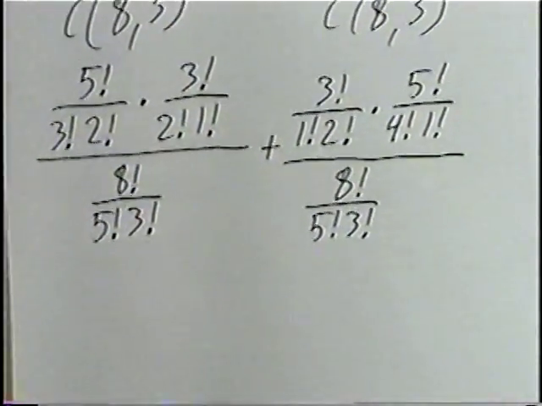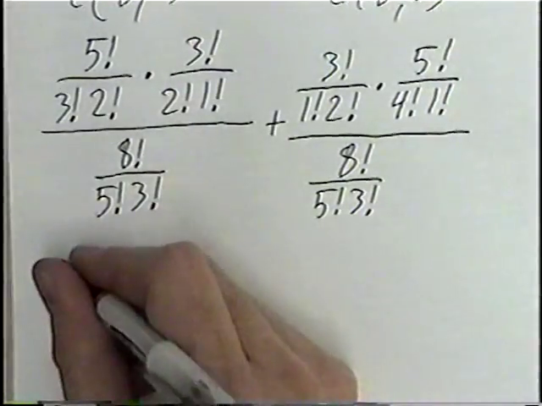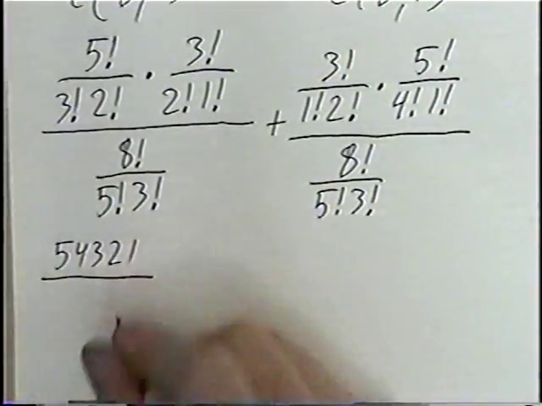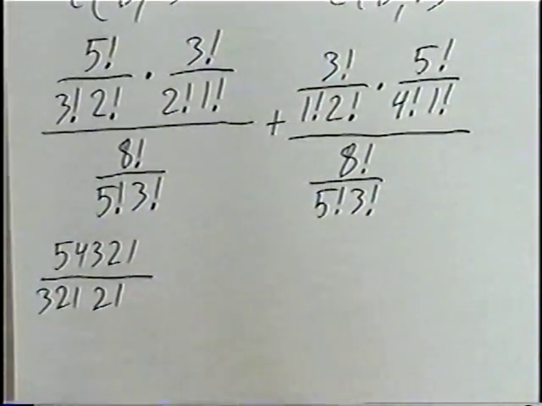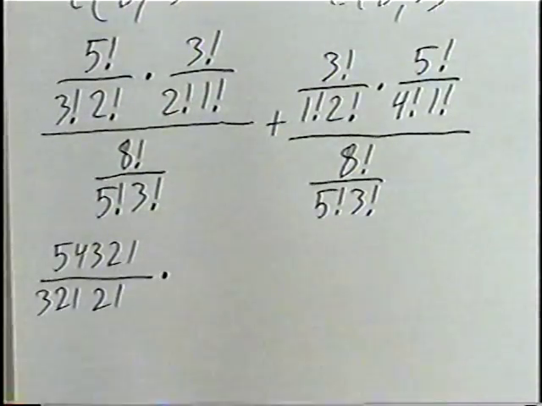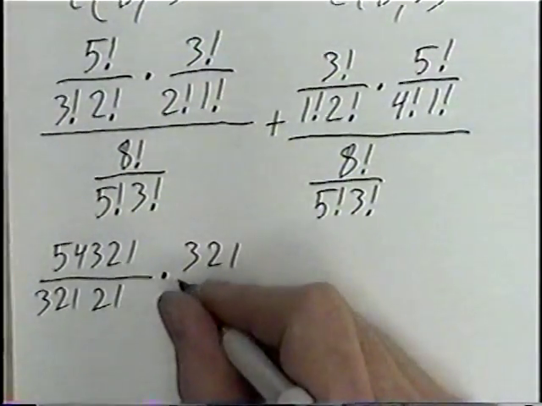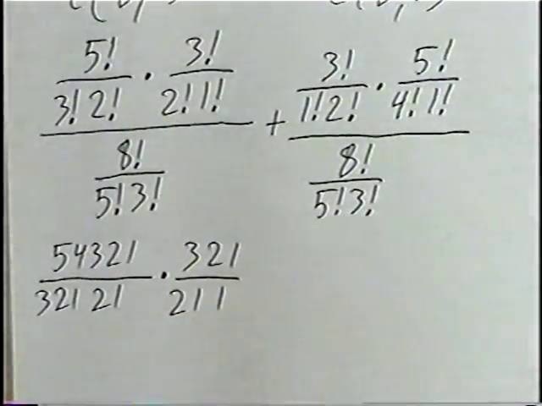Solving from here, we can write out the factorials and cancel the numbers in common. 5 factorial would be 5, 4, 3, 2, 1, divided by 3 factorial, 3, 2, 1, and 2 factorial, 2, 1, times 3 factorial would be 3, 2, 1. 2 factorial would be 2 and 1, and 1 factorial would be 1.